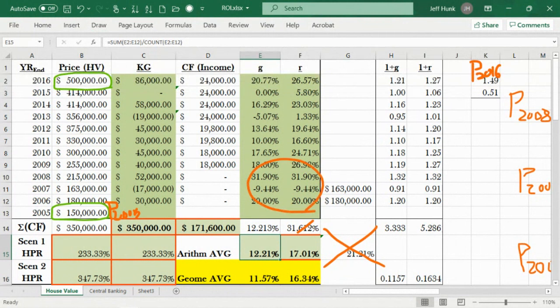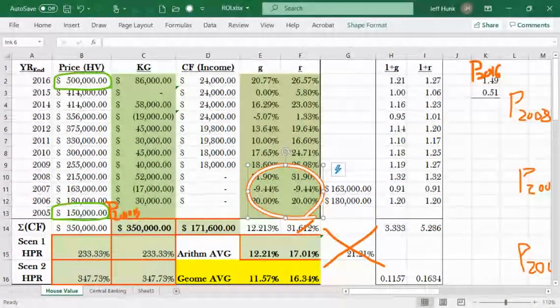The first 3 years, they are the same. Of course, the first three years, they are the same because why?